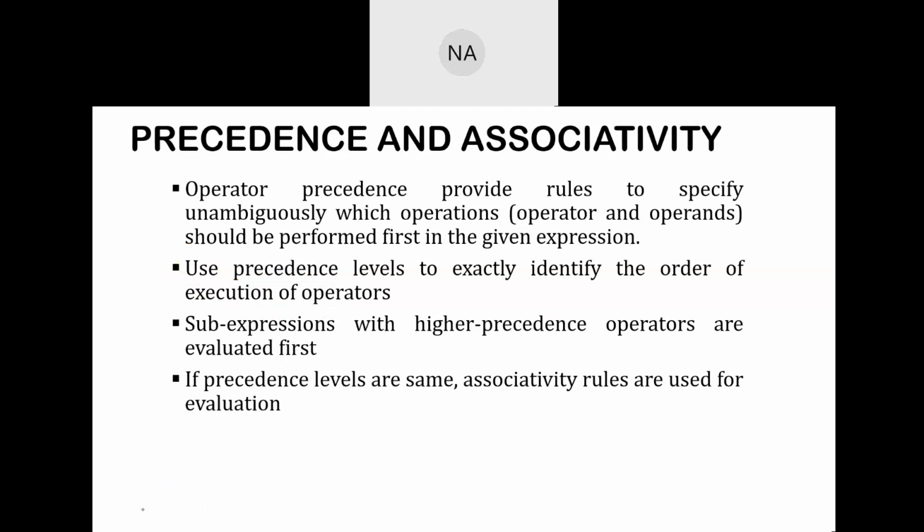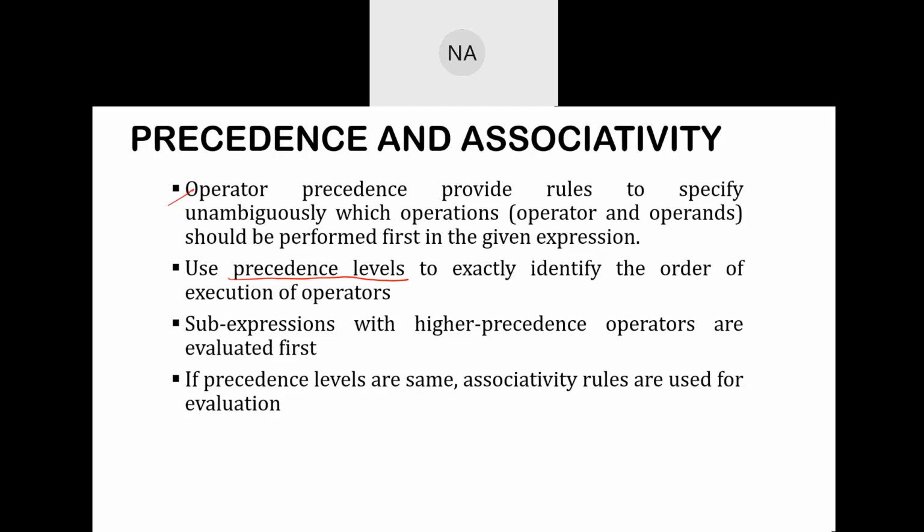Okay, so operator precedence provides rules to specify unambiguously which operations, operators and operands, should be performed first in the given expression. And how is this done? We assign precedence labels to the operators that exactly identify the order of execution of those operators.